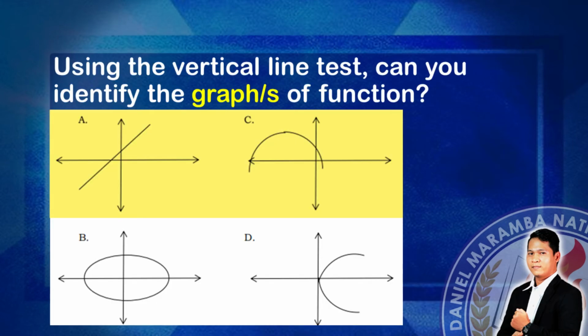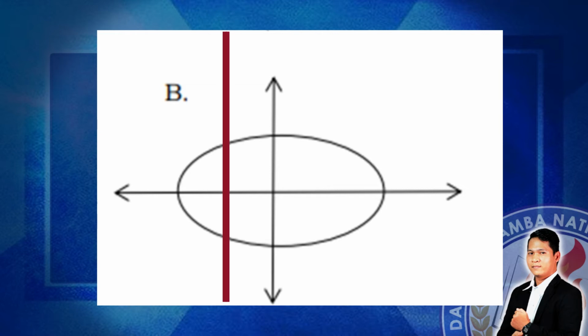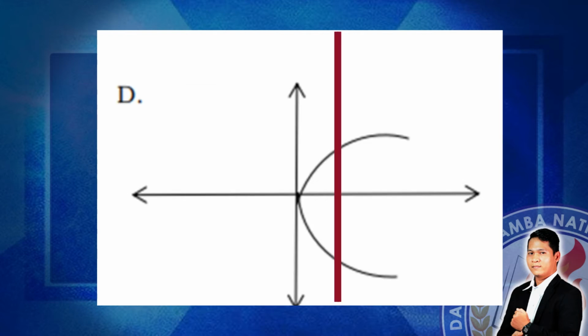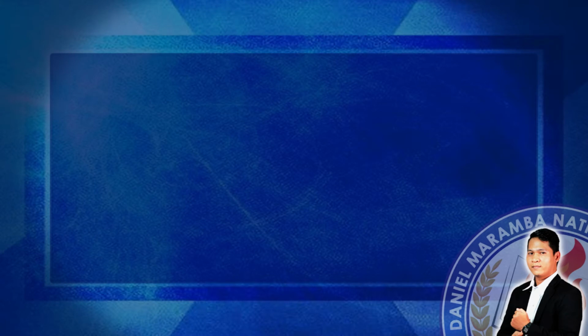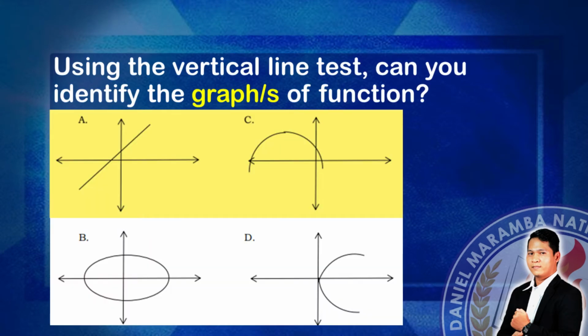Samantalang sa graph B ay merong dalawang tinatamaan na point. Ganon din sa graph D. Kaya hindi matatawag na ang graph B at graph D ay function, sapagkat higit sa isa ang tinamaan na point ng vertical line.